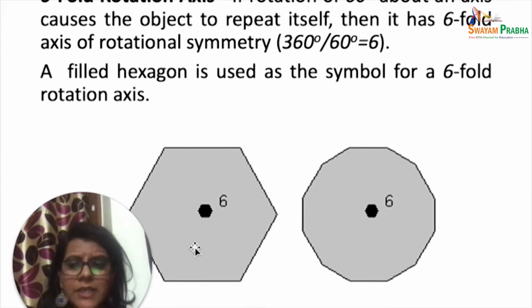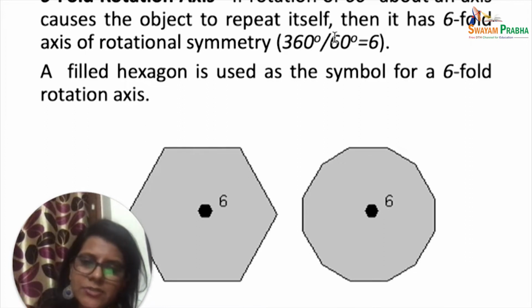Please understand that you're imagining an imaginary line passing through the crystal and you give it a rotation of 60 degrees. You get a similar appearance. So what is the rotation axis? Sixfold rotation axis. I have already said that it is 360 degrees by n. So 360 by 60, you get a sixfold rotation axis.